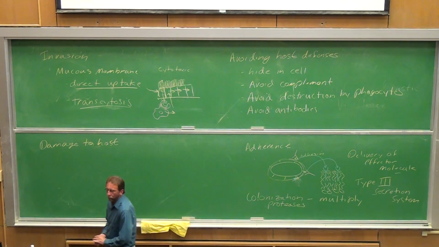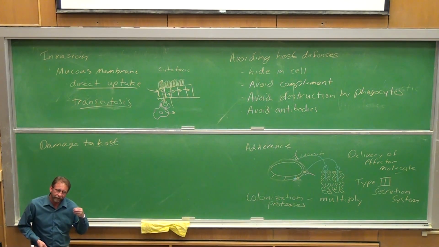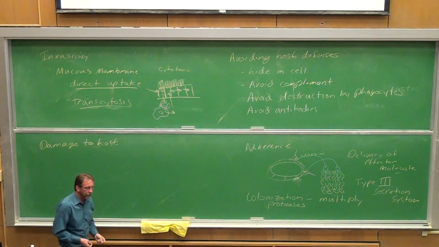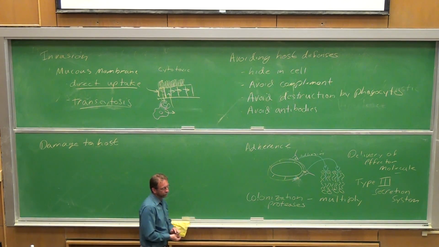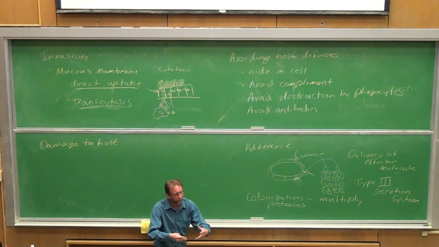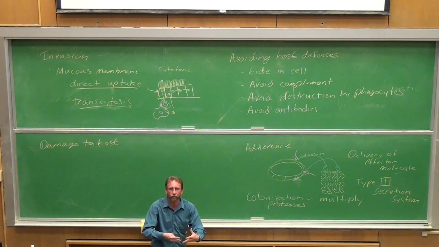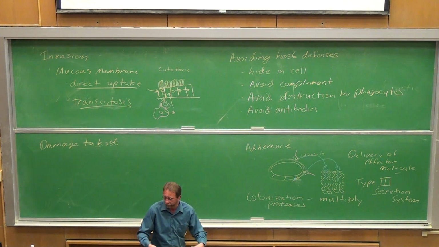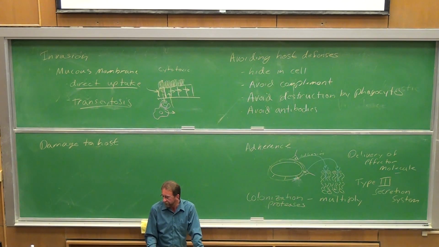Generally, though, when damage is being done, it's facilitating the dispersal of the microbe. You think about that. The cells that are being destroyed, a lot of times are being destroyed because the microbe is causing the destruction in order to be dispersed.